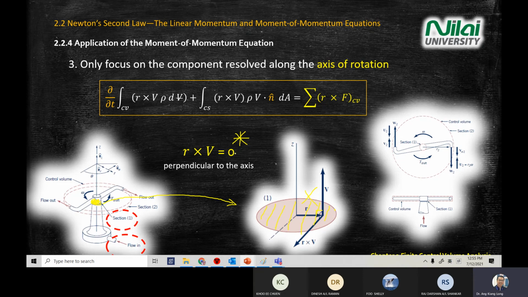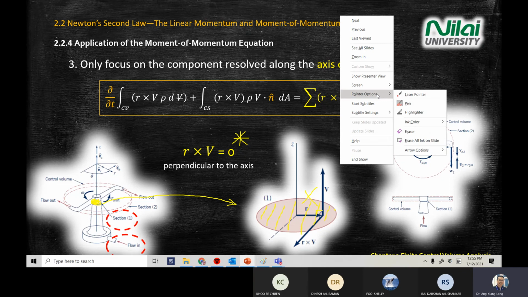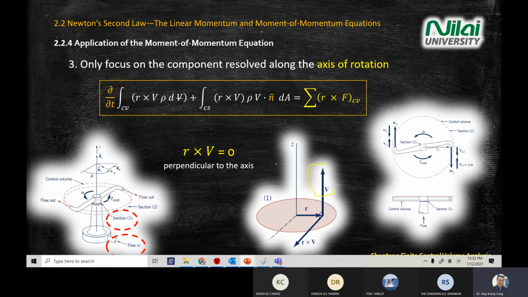Why does this one become 0? Because you're looking at your velocity component, which is this one. Why is it pointing up? By looking at the diagram on the left, your input is flow from below going to section 1. That's why your V is going up.